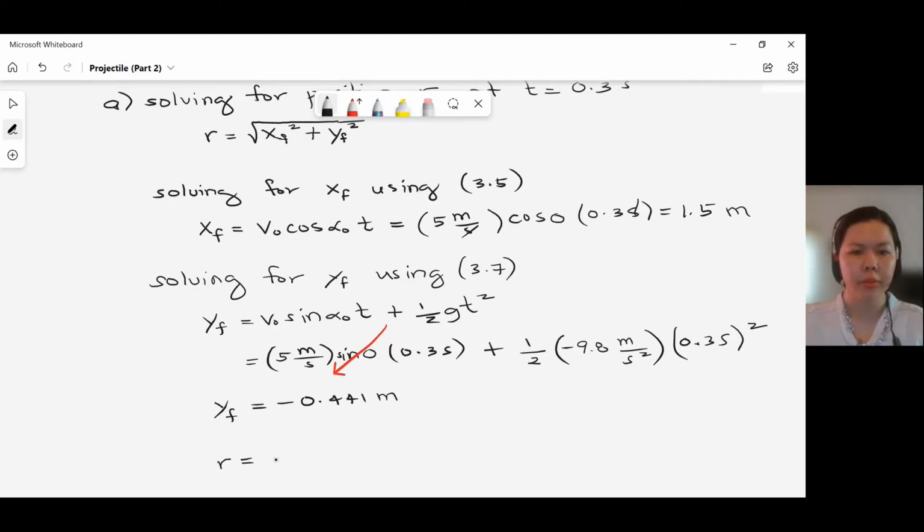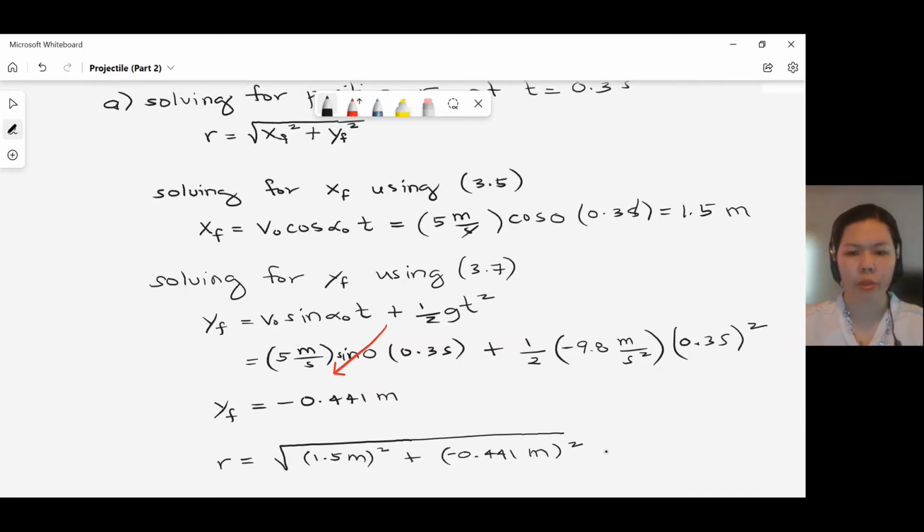R is equal to the square root of xf, which is 1.5 meter squared, plus yf, that's negative 0.441 meter squared.